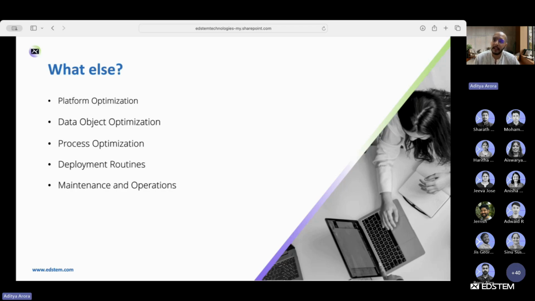Platform optimization, I'm not going to talk about it. All of you are engineers. It's an endless discussion. What kind of networking, scalability, machines or deployment architectures you want to use, all of that comes under platform.